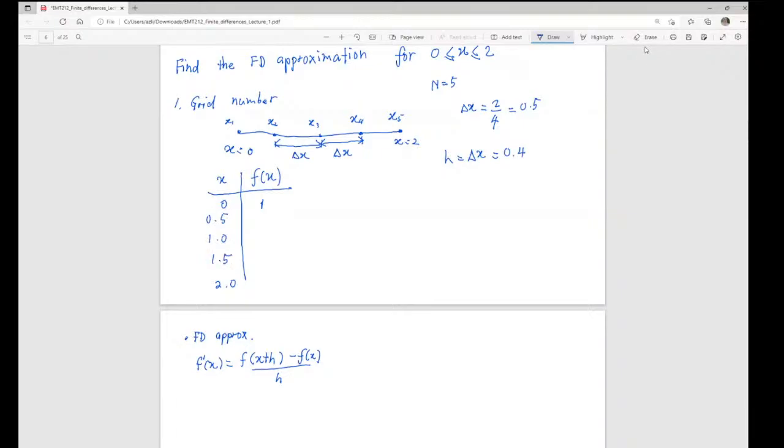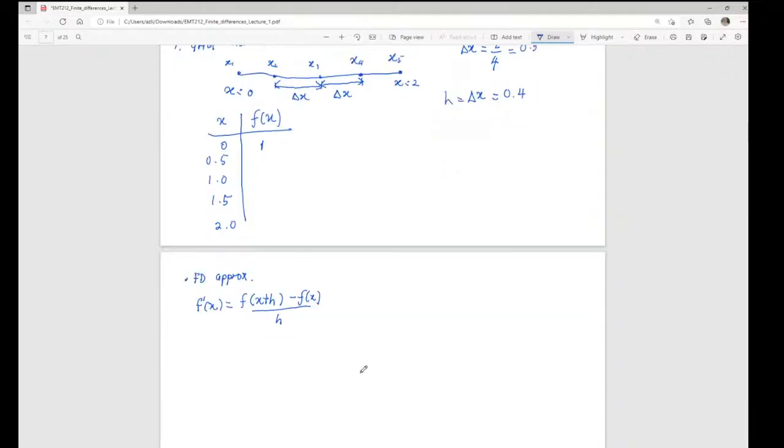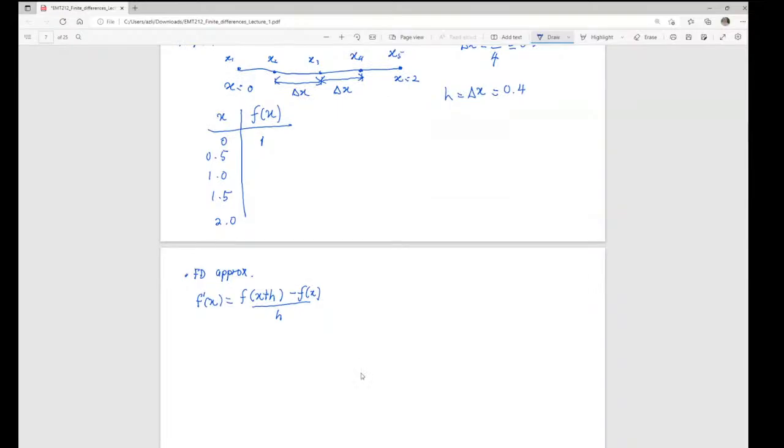Now let's get back to our finite difference approximation.